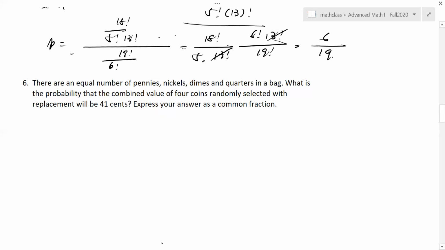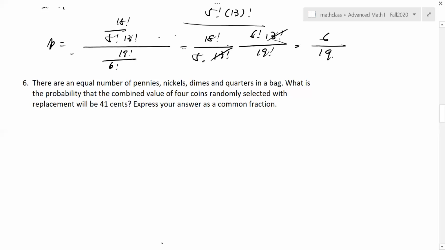That means you just write down 4 numbers, but you can repeatedly write down the same number, right? You can say 5, but write down 4 numbers such that the sum is going to be 41.